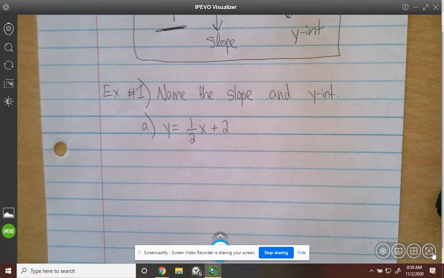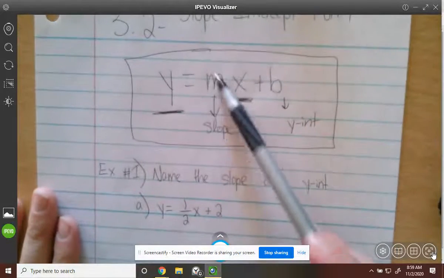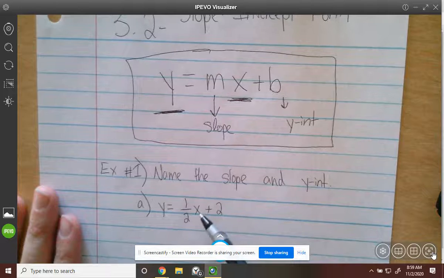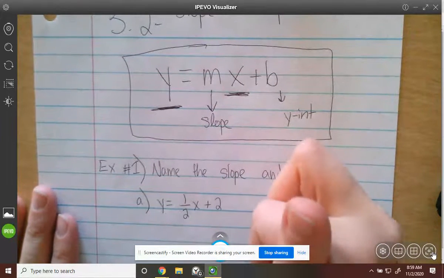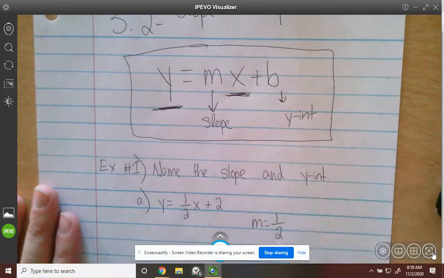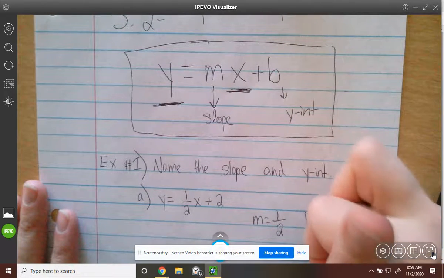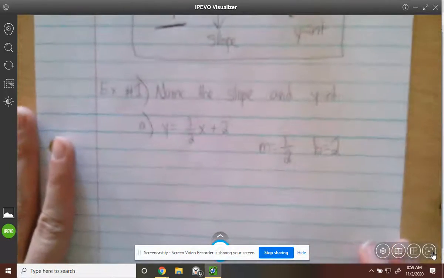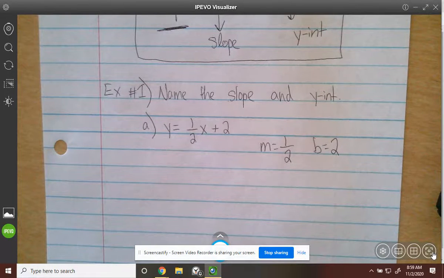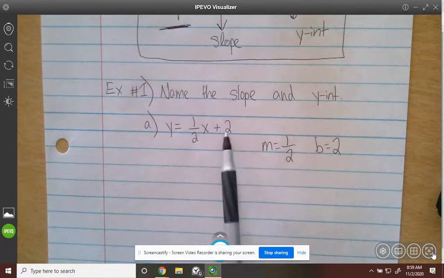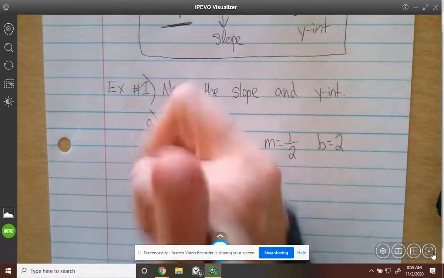Okay, what is my slope in this equation? Well, right here where m is, what's in place of m here? 1/2. So my slope is 1/2. What's my b? 2. That's it. You're just mixing and matching where your slope is and where your y-intercept is.